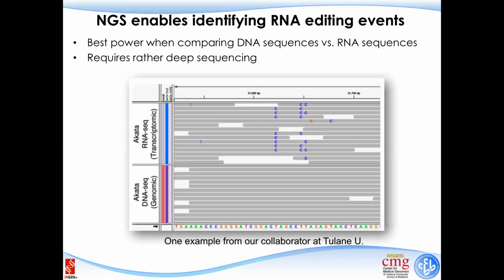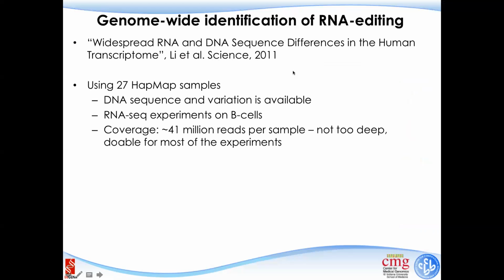You get the best power when you directly compare DNA sequence with RNA sequence, and it requires really deep sequencing. If you don't have the DNA sequence, you really need large deep sequencing.